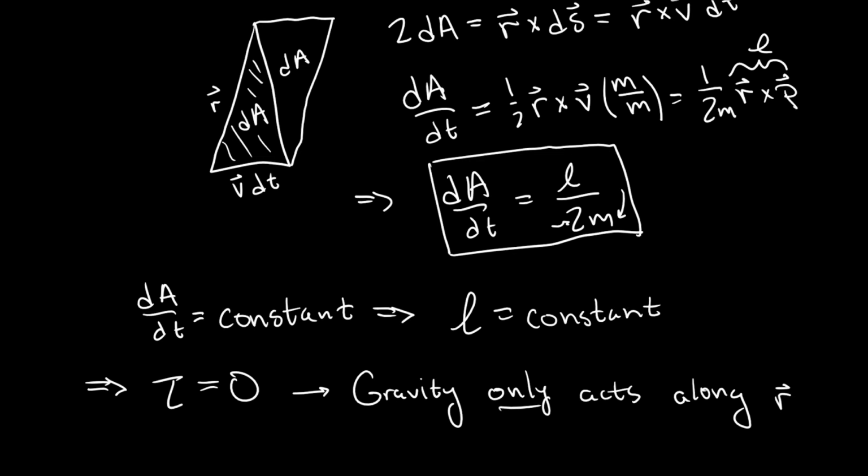Okay, so that's our first very important result from smashing together both conservation of angular momentum and Kepler's laws. I'll pause here again and ask if there are any questions before I move on to another cosmology application.